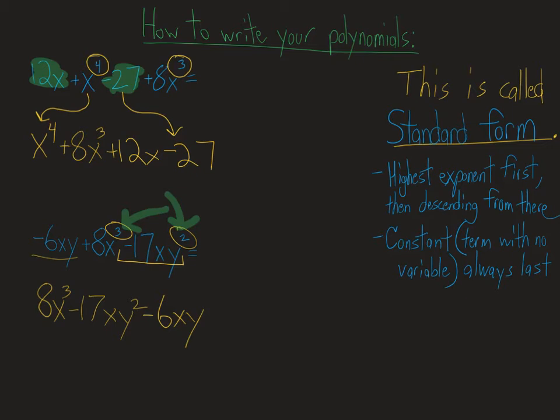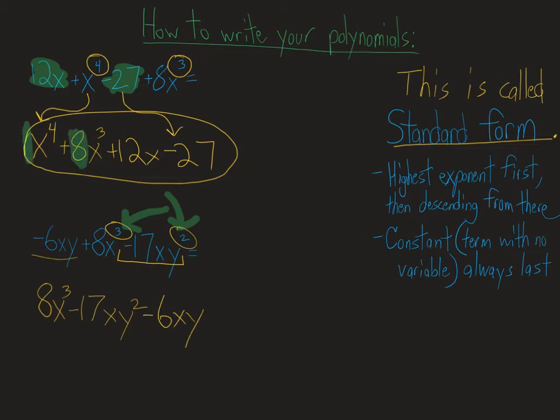Those are now written in standard form. So when you're doing work on an upcoming quiz, that's how you'd want to write each of your answers after you're done with some adding or subtracting, combining like terms, whatever it tells you to do in the problem. That's how you'd want to write your final answer, in that descending order called standard form. Also, notice it has nothing to do with the number coefficient up front.